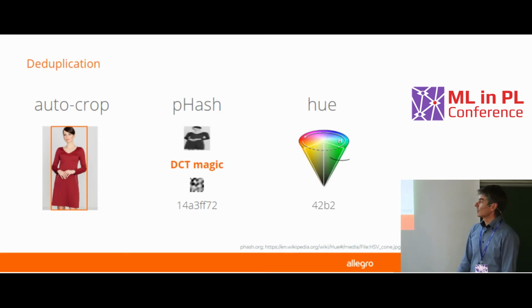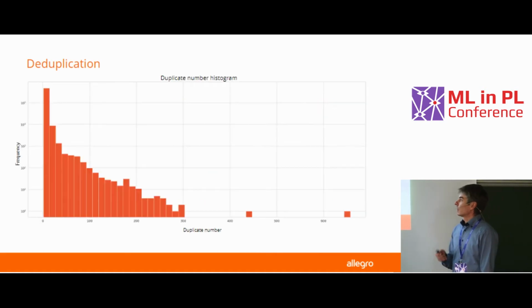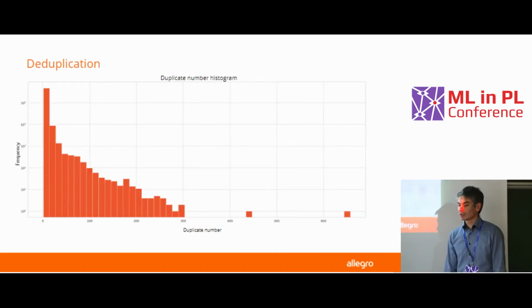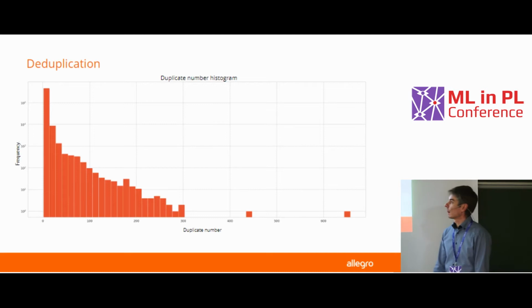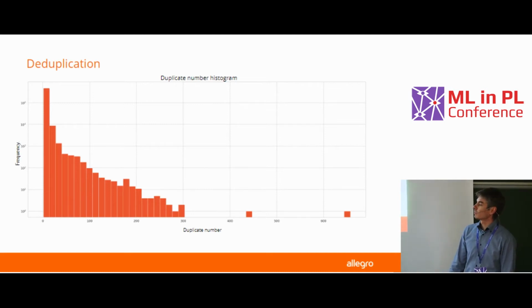We also add some additional information about hue because this implementation of perceptual hash is color invariant and color is interesting for us. And with such hashes we can perform the deduplication, and we also can count how many duplicates we had. And it actually turns out that we have had a lot of duplicates. And after the deduplication, our dataset becomes suddenly much smaller.